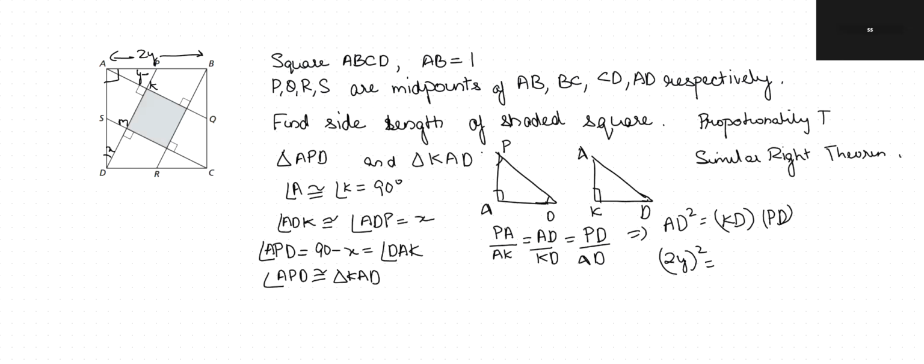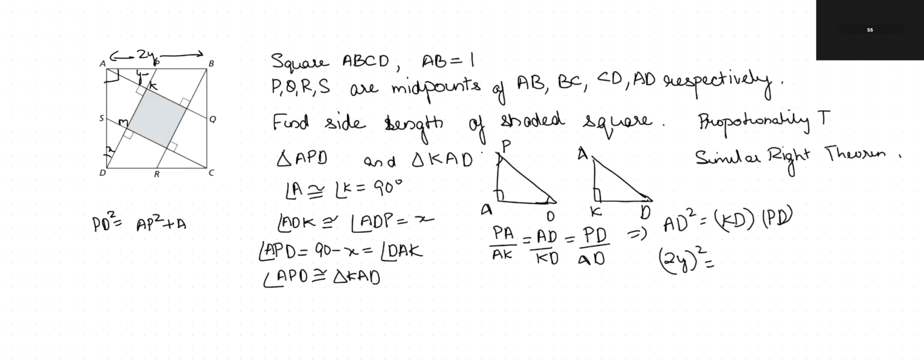So PD square is equal to AP square plus AD square.